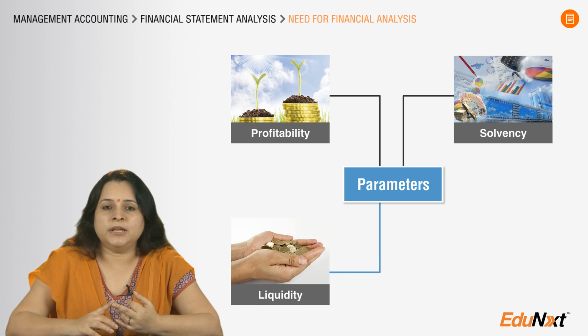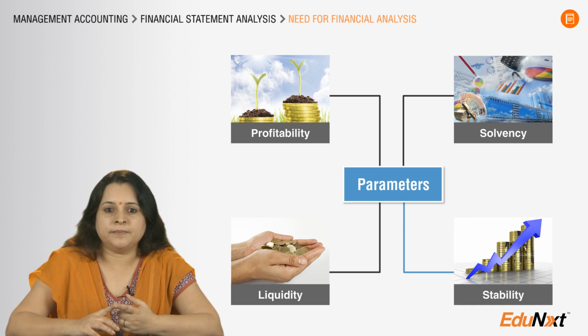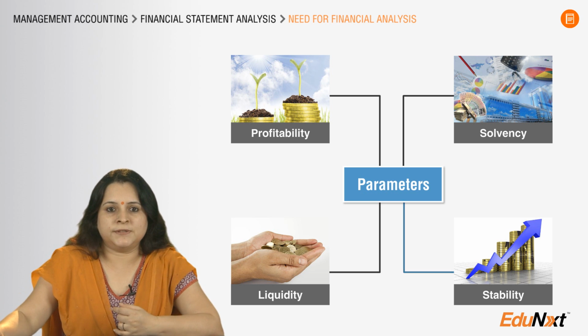Third, liquidity, that is, the ability of the company to maintain positive cash flows while meeting immediate obligations or paying off immediate obligations. Fourth, stability, that is, the ability to remain in business in the long run without having to sustain significant losses in the day-to-day operations.